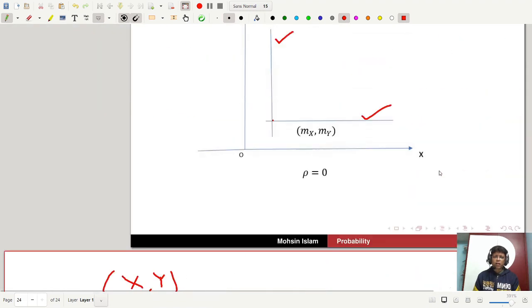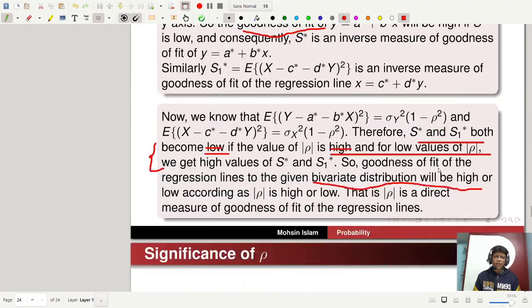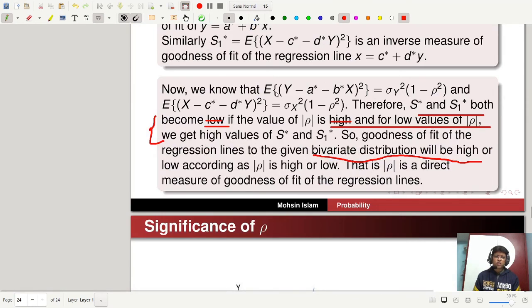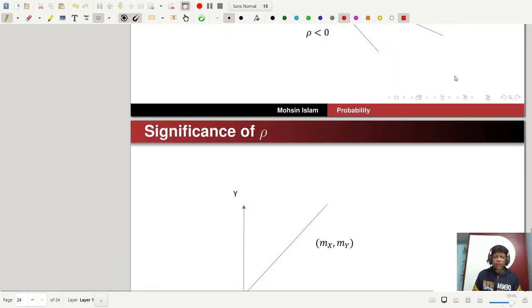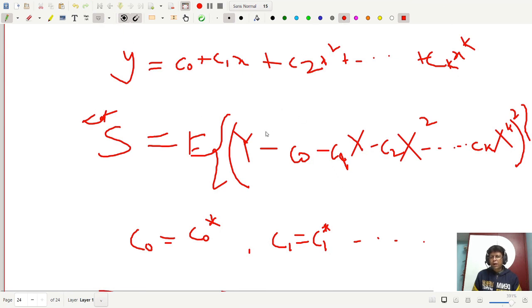So if rho is high, S star will be low, and if rho is low, S star will be high. So that gives you mod rho as a direct measure of goodness of fit in the parabolic curve fit. In nonlinear also you can measure. So this is the concept of polynomial curve fitting, and in that way you can generalize the concept.